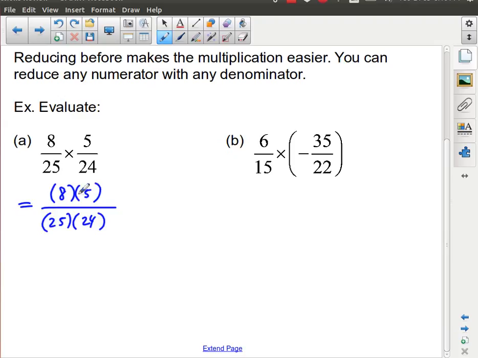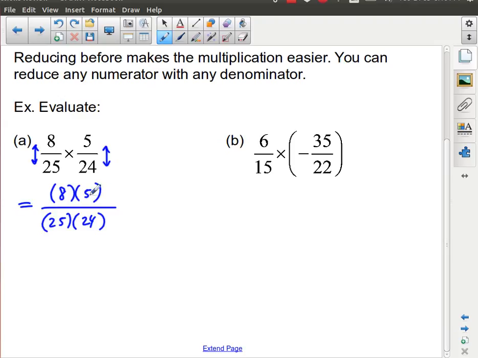The order we write this doesn't matter. So when I look at reducing fractions, which is usually something that will make my life easier here, not only can I look at reducing fractions vertically within those fractions, but since it's a multiplication, I can actually look at reducing fractions diagonally as well.